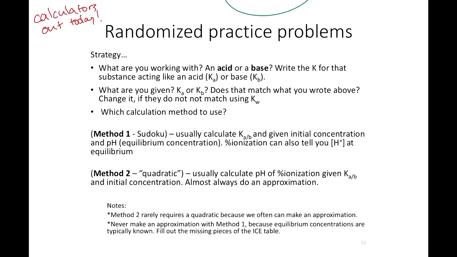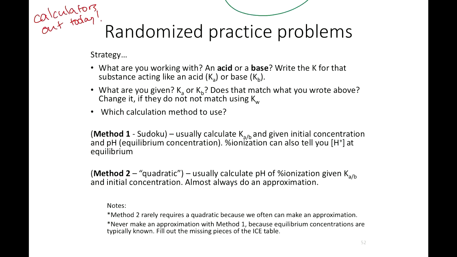We'll get started now. So the plan is to finish up chapter 16 with some randomized practice questions to see if you really got it. Understanding the strategies here, what are we looking at? An acid, a base, the conjugate of an acid, so therefore a base, or the conjugate of a base, an acid.